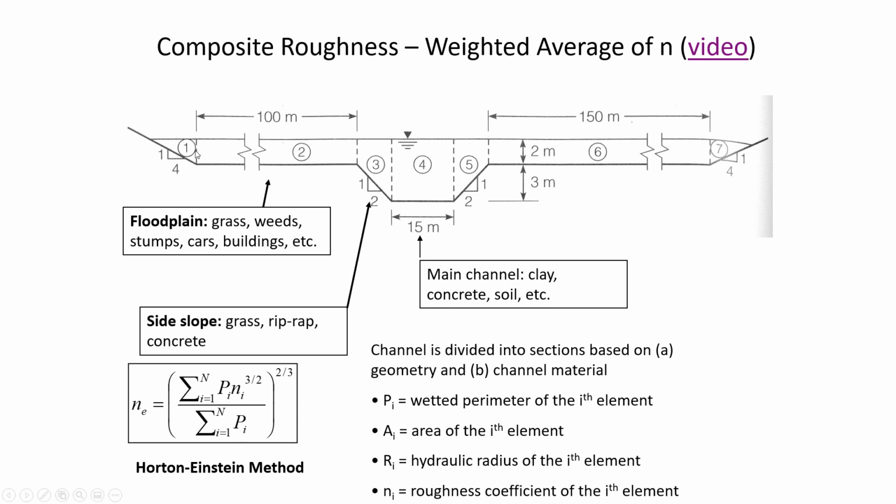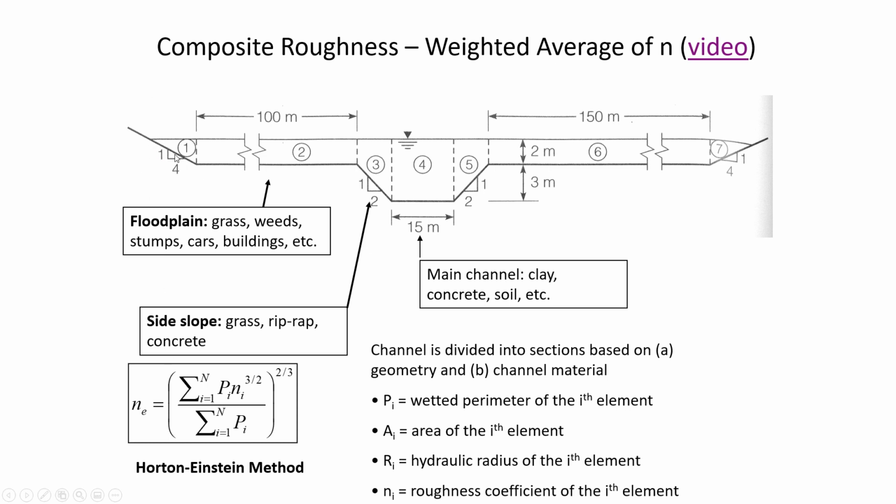So you'd find the overall wetted perimeter, the length of the side slopes of the main channel, the bottom of the main channel, and then all of those same things on the right bank. So you'd find the overall total perimeter distance, and then you would weight the n value by multiplying each segment by the applicable perimeter distance.